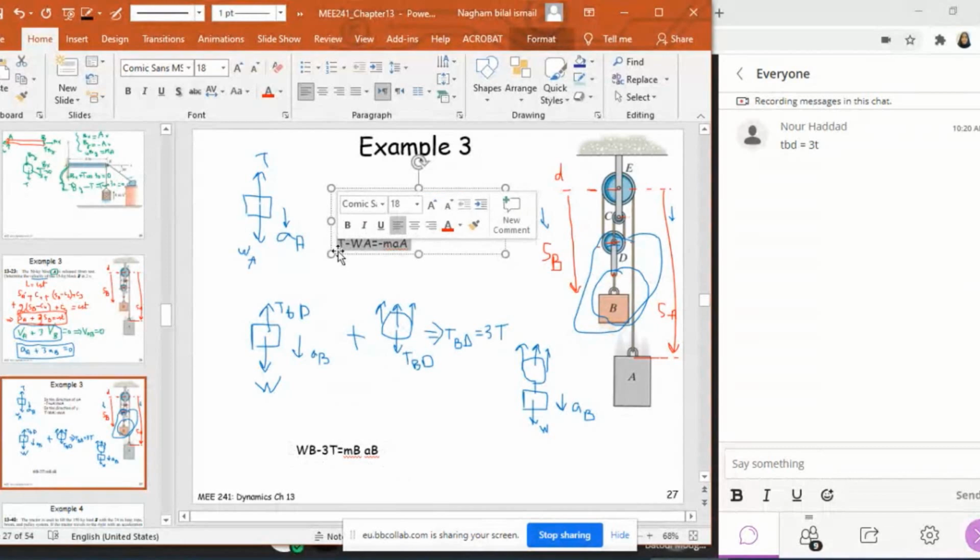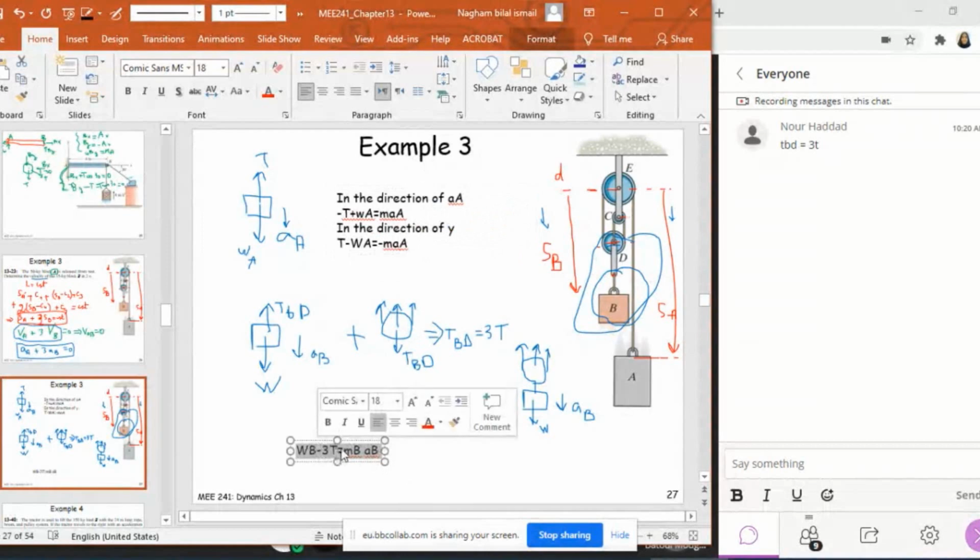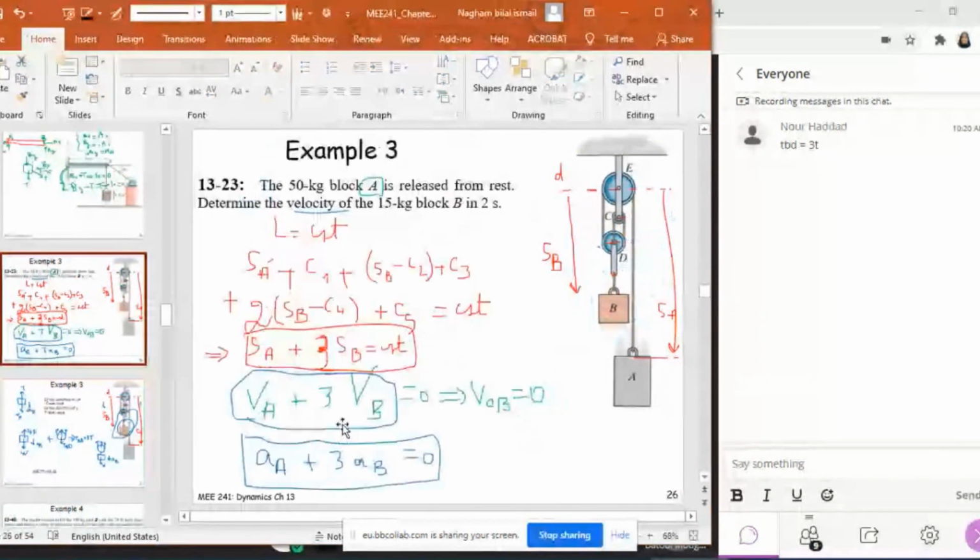This is my first equation in terms of T and the acceleration at A, and this is my second equation in terms of T and the acceleration at B. So what should I do now, guys? I should find the third equation, which relates aA and aB.